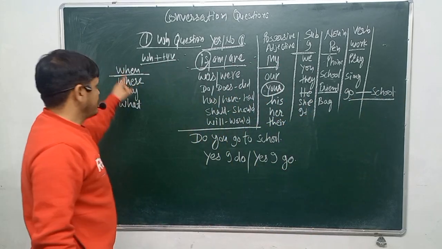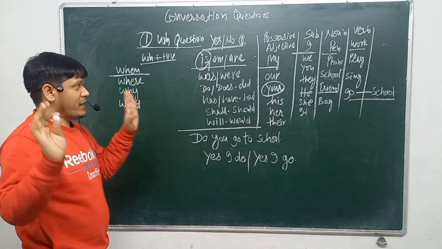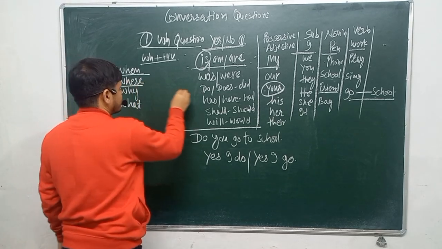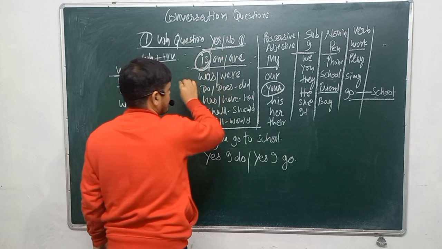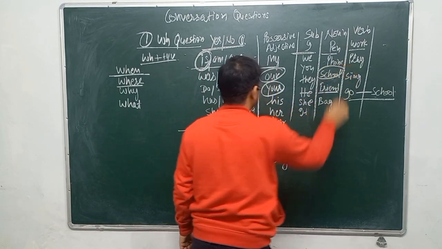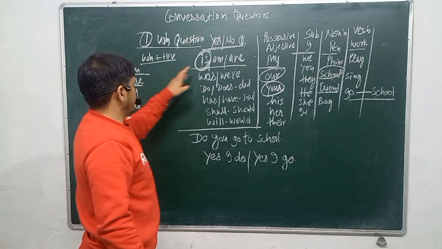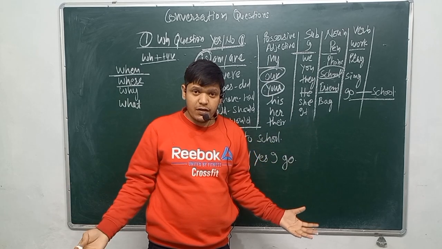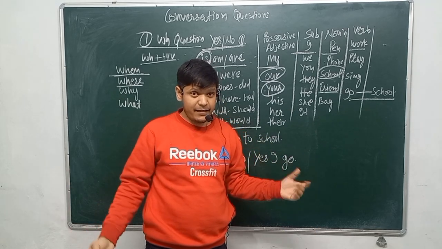Now, this is one way. Another way is making questions with just a noun. Where is our school? Where is our school? हमारा school कहाँ है? With a noun.